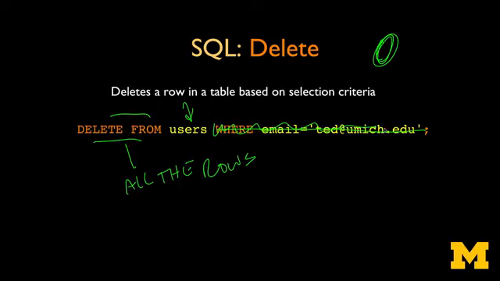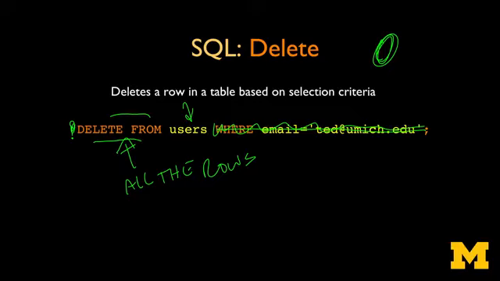You could imagine it sort of implies that. It's kind of like a loop, like for blah, blah, blah in rows, do something. But you don't say that because delete has an implied loop around it. And so if you don't say that, you just emptied out your entire user table.